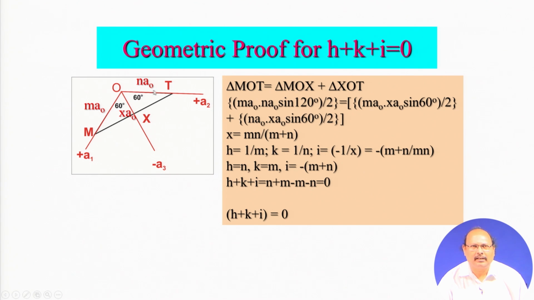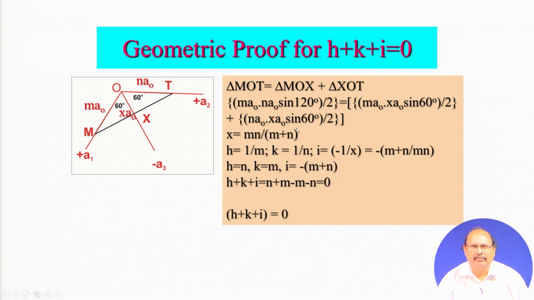So, OT is NA0, OX is XA0. So, it becomes half into NA0 into XA0 into sine 60 degree. And you also know that sine 120 you can write as sine of 180 minus 60 degree. That means it becomes sine 60 degree.